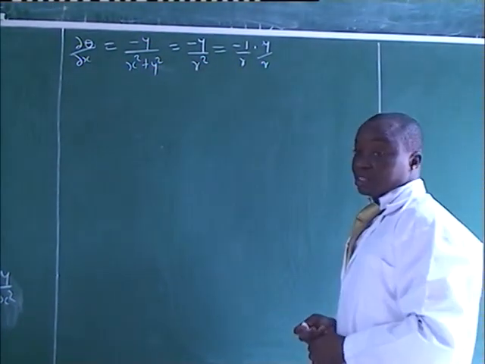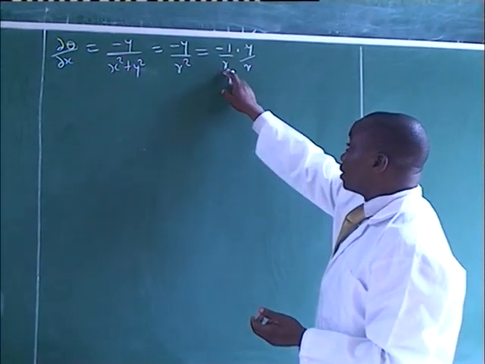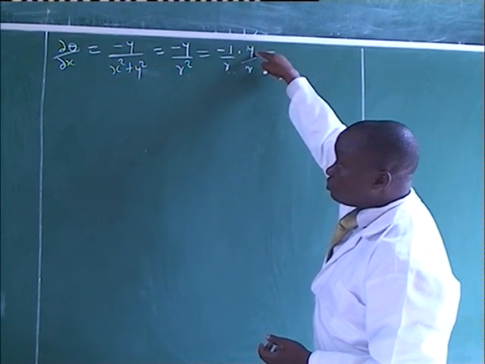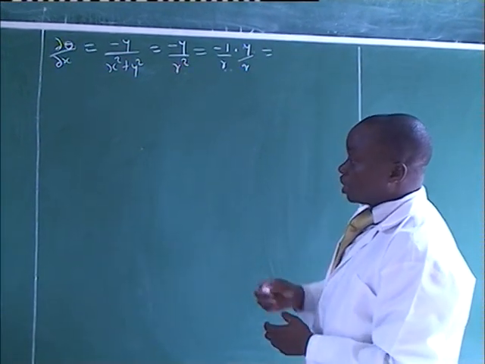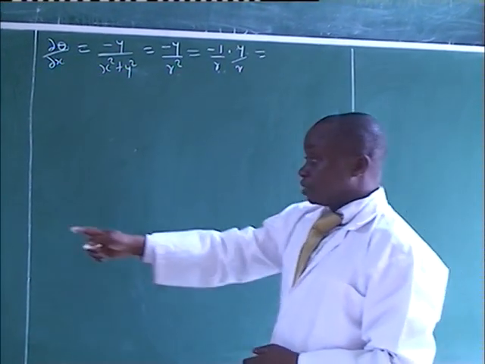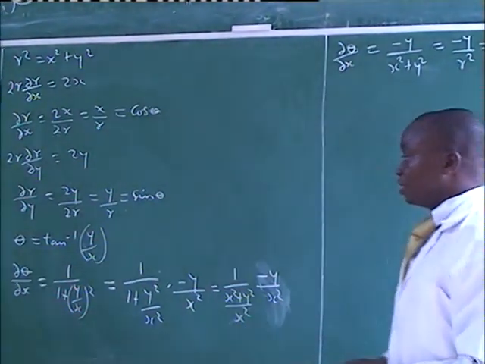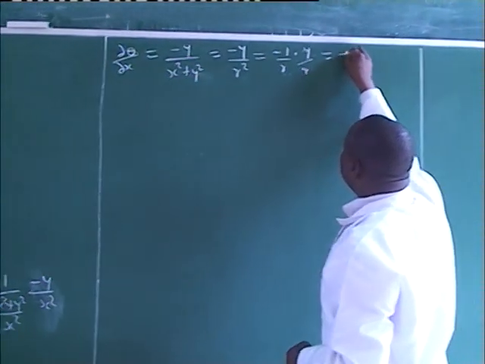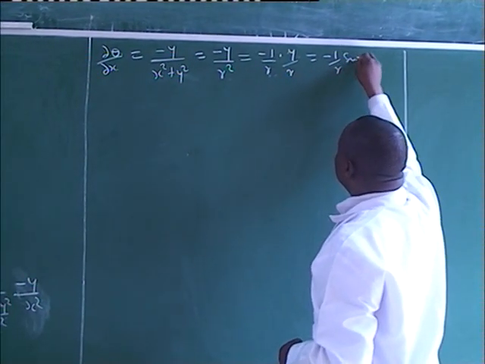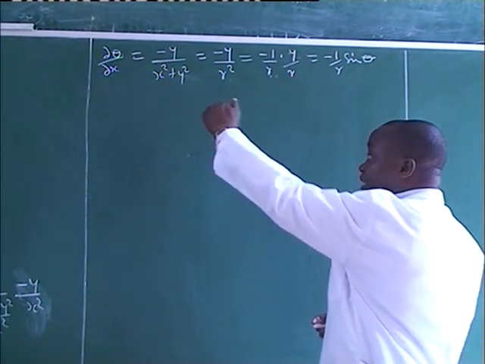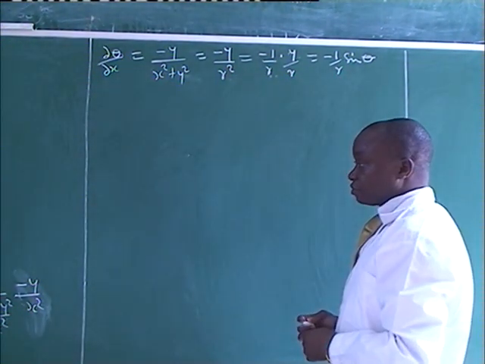You see, I try to simplify it, because if I multiply this and this, it gives me r squared. But I know the definition of y over r. Yes, from here, y over r is sine theta. So what I have here is minus 1 over r sine theta. That is partial theta partial x.